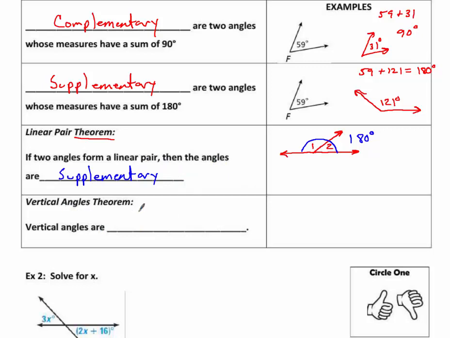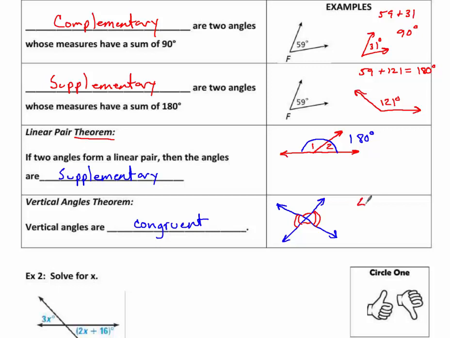The next one, the vertical angles theorem, says that vertical angles are always congruent. And so what that means is if we have vertical angles, no matter what the measurement of those angles are, this angle and this angle will always be the same, and this angle and this angle will always be the same.